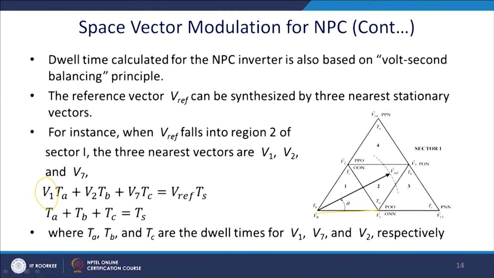The reference vector Vref can be synthesized by the nearest 3 stationary vectors. In this case, we can see that V1 is applied for the time TA, V2 is applied for the time TB, and V0 for the time TC, equal to Ts, and in between there will be a null vector.